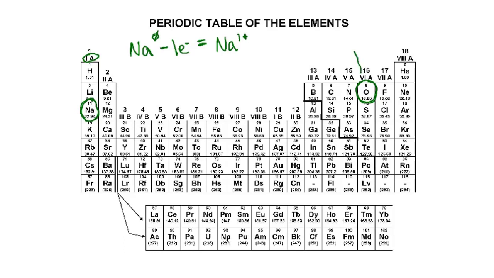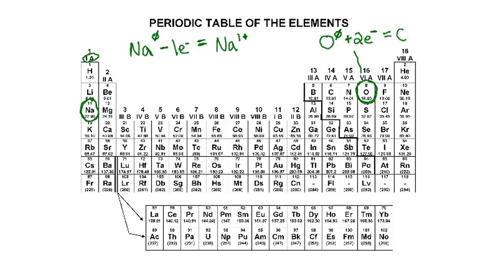Now oxygen has, in its natural periodic table state, when it has 0 charge, 6 electrons in its outer shell. So it wants to take on 2 more electrons so it can get to 8. So it has a complete collection of 8 electrons in its outer shell.